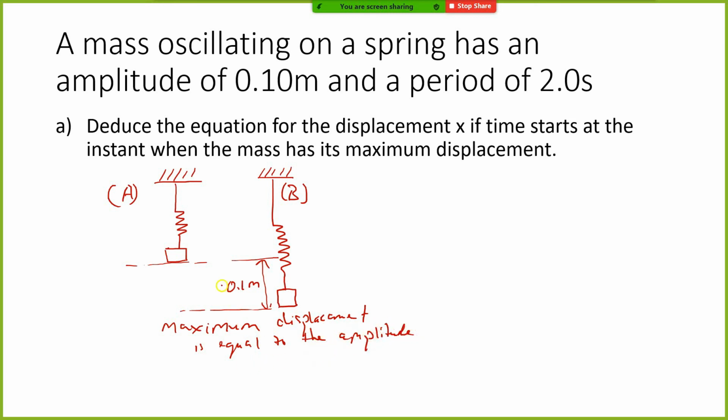Maximum displacement is equal to the amplitude. At first, the thing was sitting here, it didn't displace, but as soon as you pull it down, the amount that you pull the spring down to is going to be 0.1 meters. That 0.1 meters is your maximum amplitude, and also your maximum displacement.